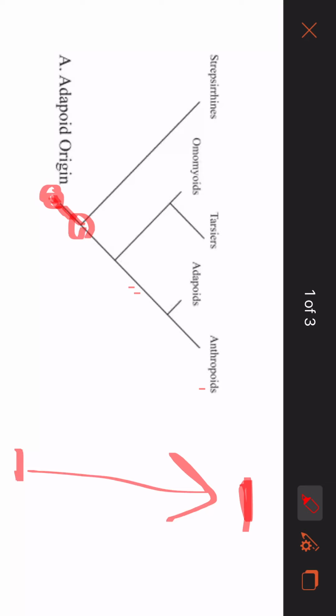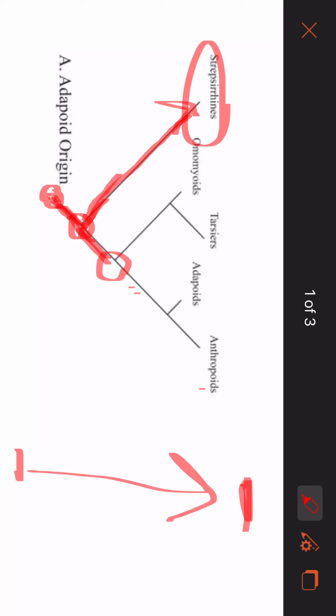And this group started their own evolutionary lineage, eventually becoming what we know as strepsirrhines. However, while they were doing that, the original group continued evolving in a particular direction.